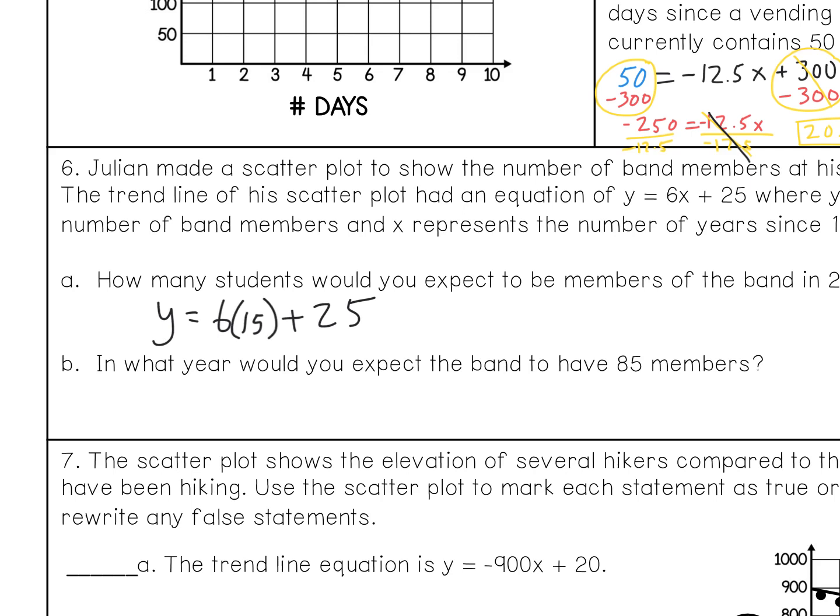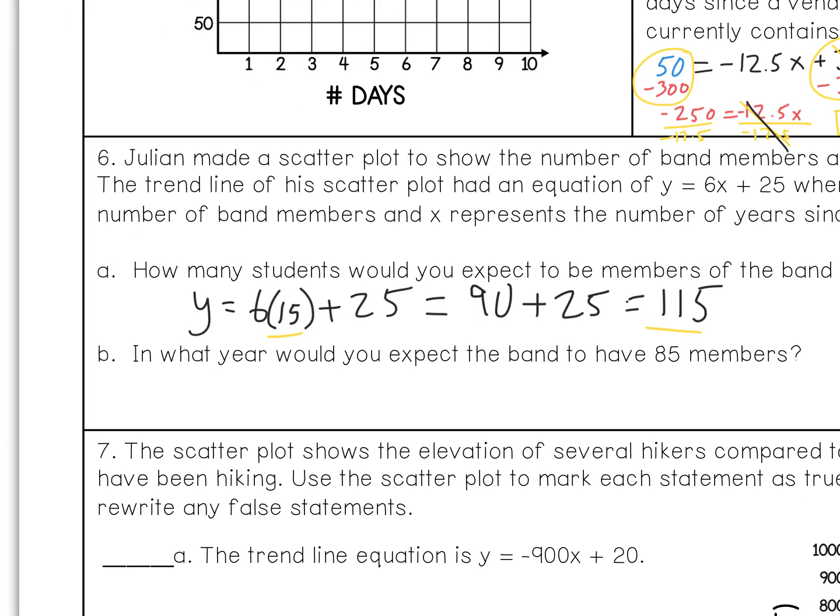Okay, what's 6 times 15? 90 plus 25 is? 115. So, after 15 years, we would expect the band to have 115 people. Okay?